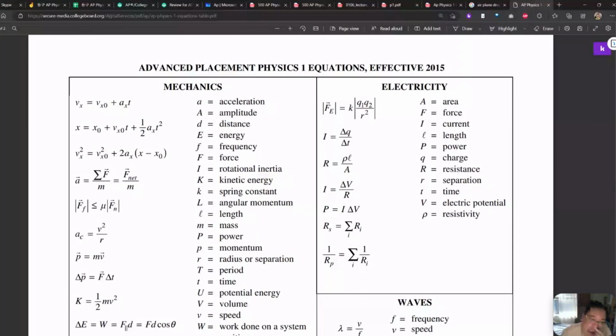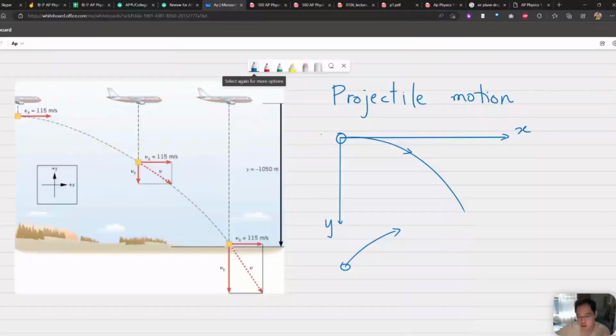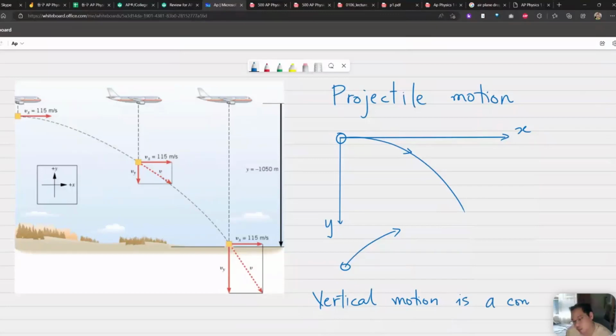If an object is moving with a constant acceleration, in this case the vertical motion, the vertical fall in the y direction is a free fall, a constant accelerated motion.